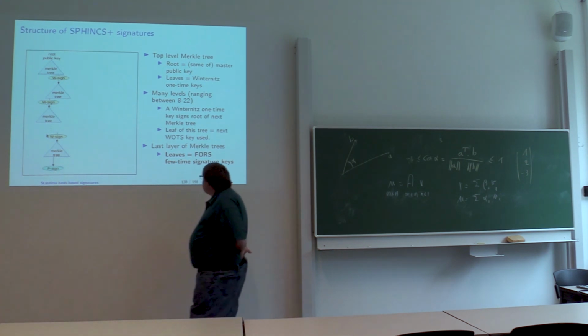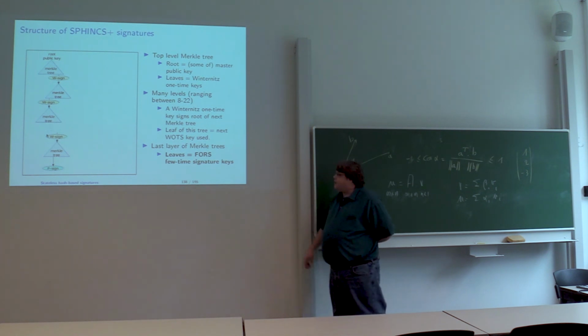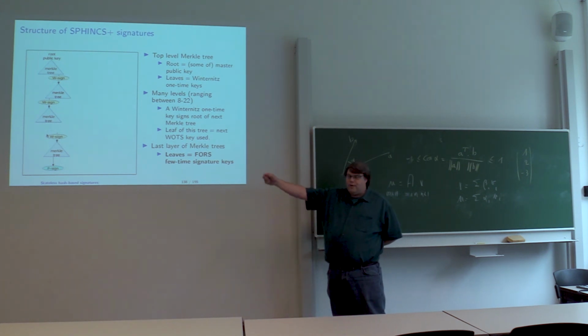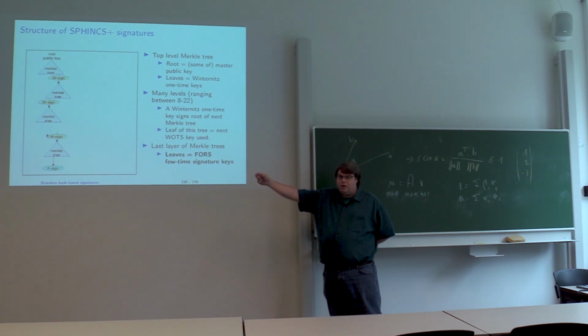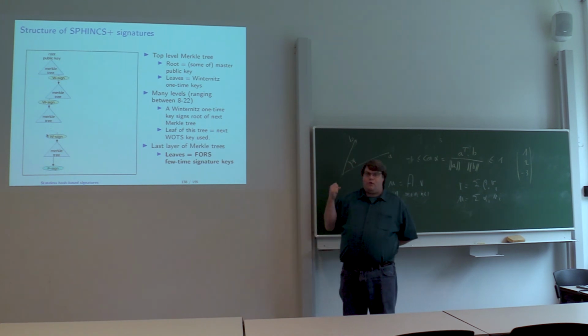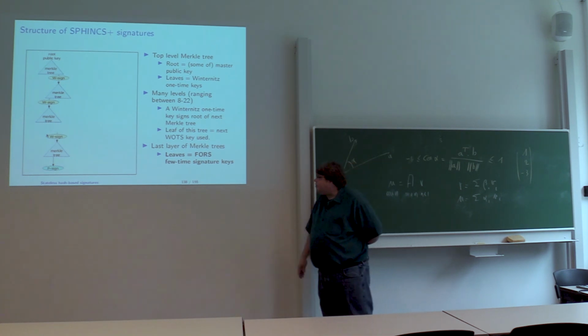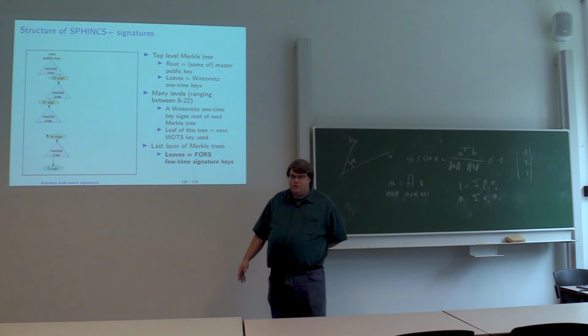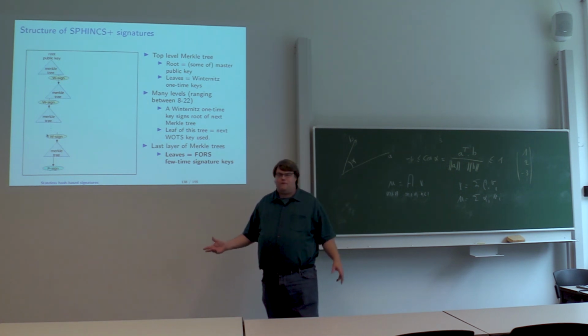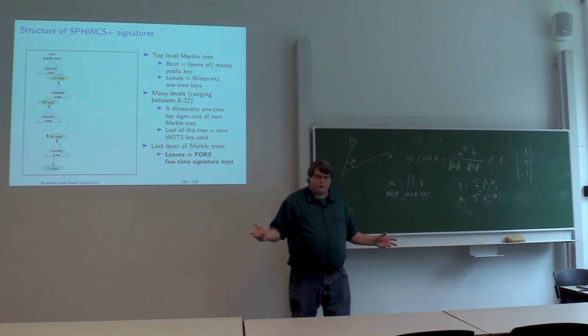So instead of having all one-time signatures, we have one-time signatures in the middle, where we can guarantee each will only be used for a single thing. And then at the last level of leaves, we have few-time signatures that maybe we can sign 4 or 5 times with without a disaster.